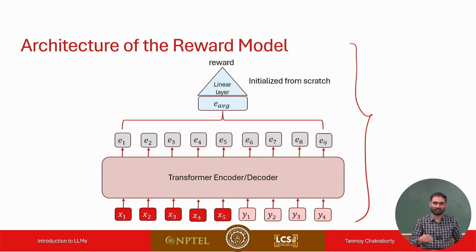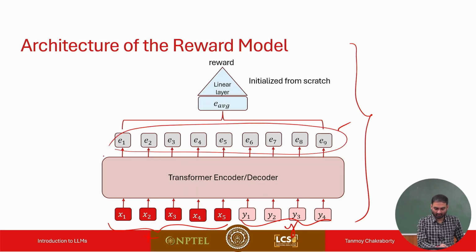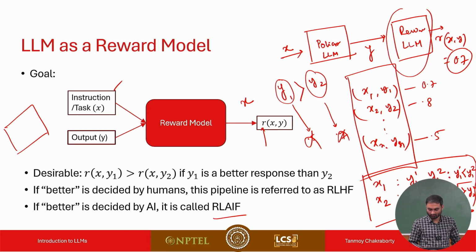While training or inference, let's say this is X, the instruction, and this is the output. You have some encoder blocks, decoder blocks. These are the embeddings of tokens after certain encoder blocks, decoder blocks, and then you either average all these tokens and pass it through a linear layer. This linear layer can be trained with the data set that we talked about earlier.